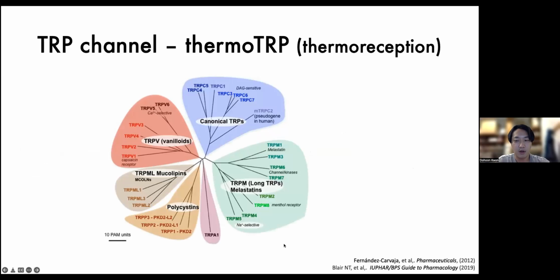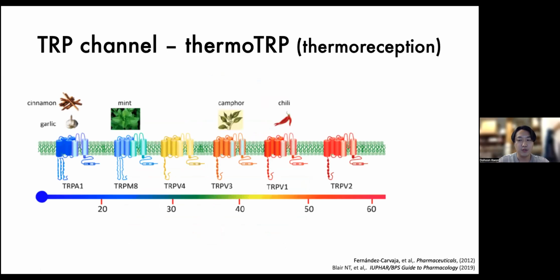Many receptors are related to thermoreception. Among them, the TRP channel is best known and well studied. The TRP channel is an ion channel superfamily consisting of 6 subfamilies and 28 members. Some TRP channels are known to detect temperature, which we refer to as thermoTRP channels. 8 thermoTRP channels have been reported until now.